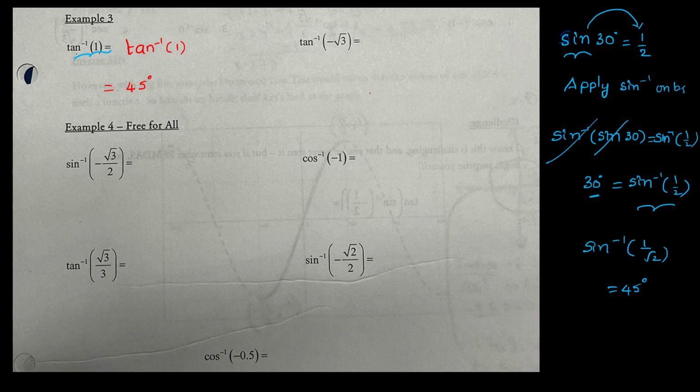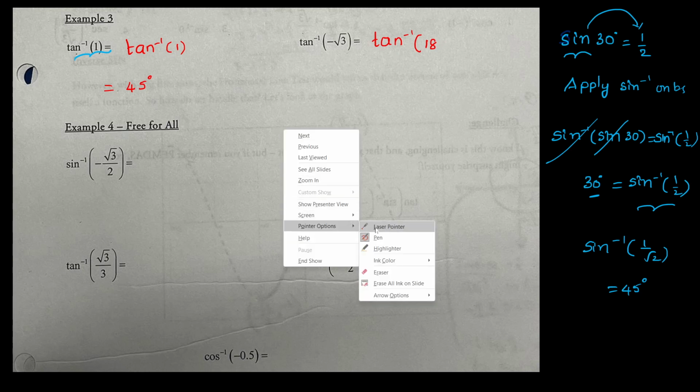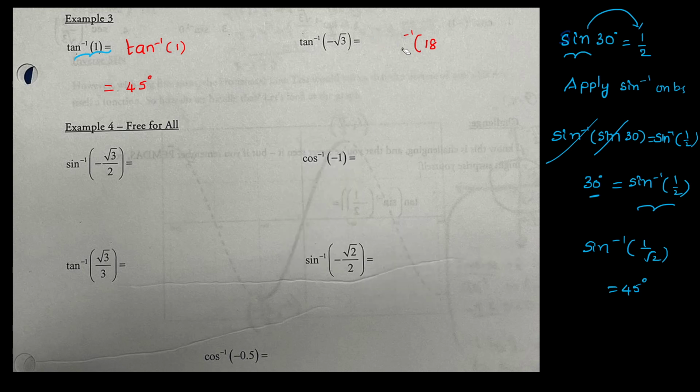So I can write this tan inverse of minus root 3 as 180. Sorry, 180 should be written outside, because it is not trigonometry, it is inverse trigonometry.